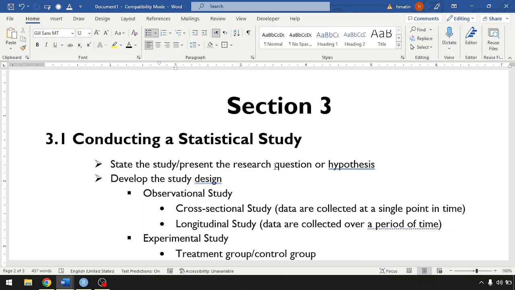So somewhere at the beginning of your study, you will include a research question or hypothesis.